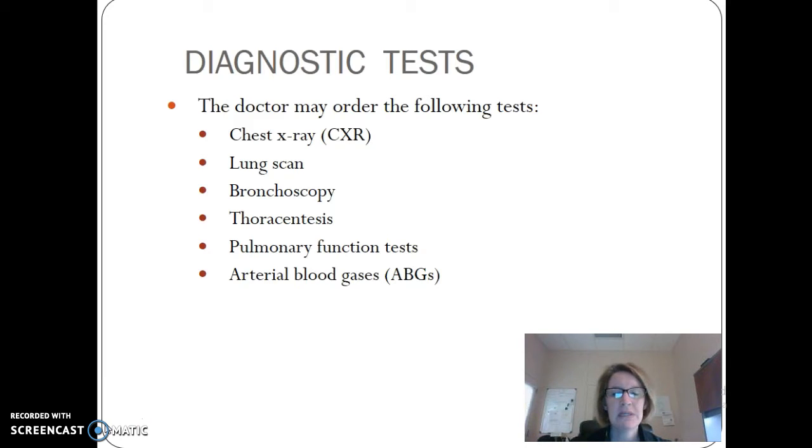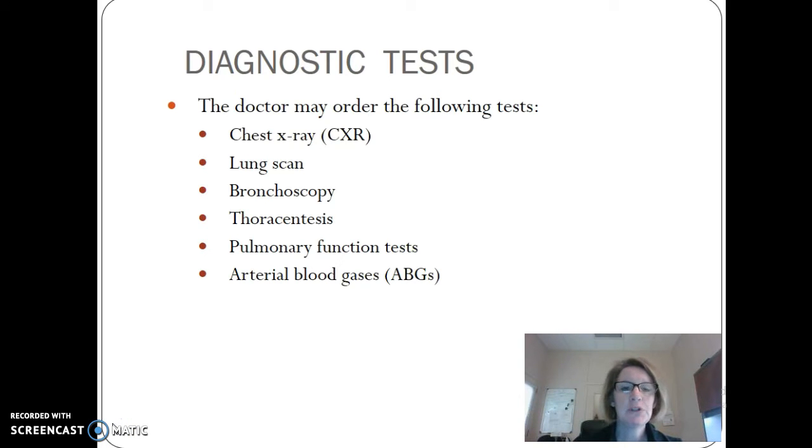And then a thoracentesis would be a puncturing of the lung space. A pulmonary function test would be completed by the respiratory department, or we can check the arterial blood gases, and those give us an indication of the gases that are in the arterial system.